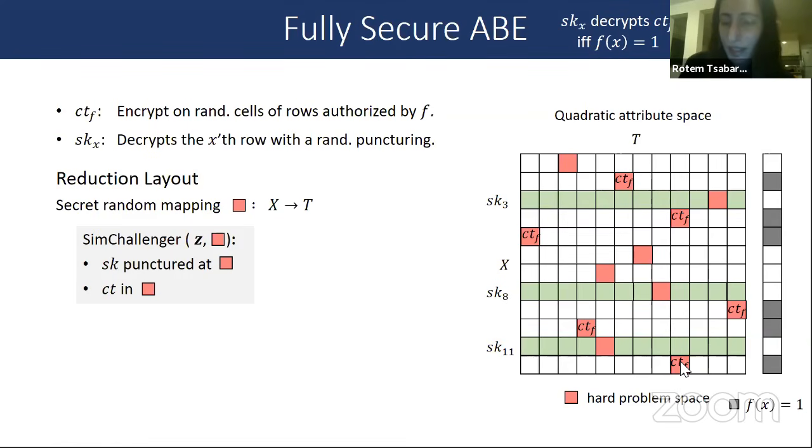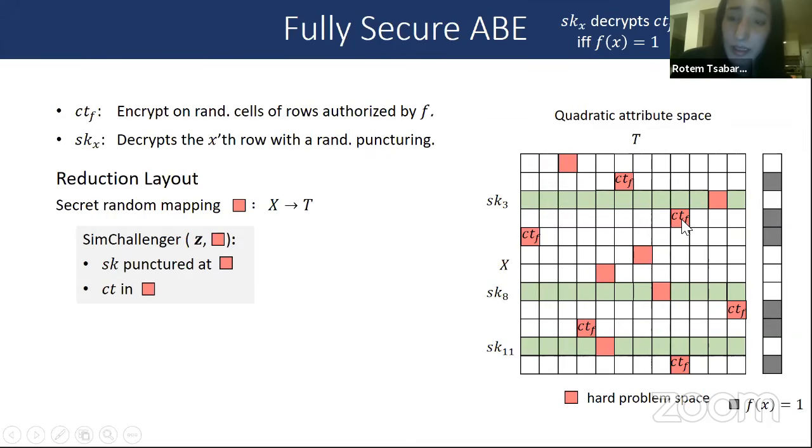And again, like in the IBE case, we use the fact that the adversary is only allowed to query for secret keys that are not authorized to decrypt the ciphertext. So now the adversary gets to see a ciphertext on multiple rows, which corresponds to seeing the PRF evaluation on multiple inputs, right? Because we said that the punctured point is a PRF evaluation on this given row.